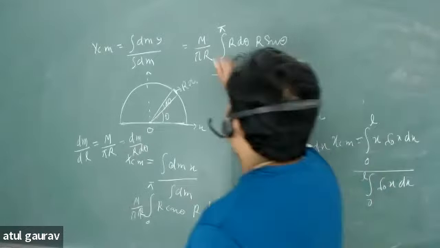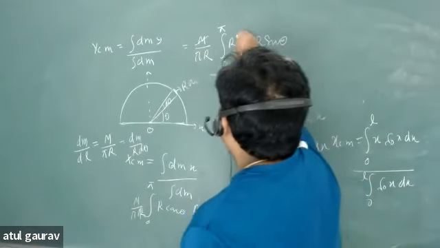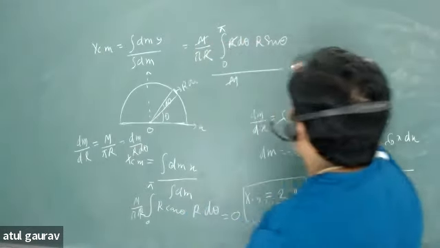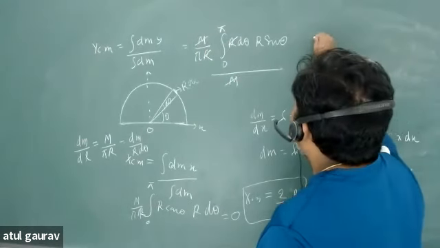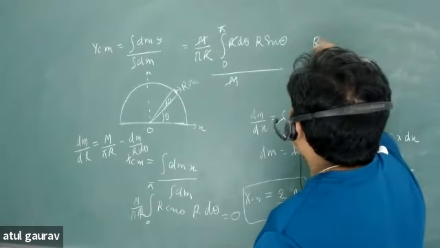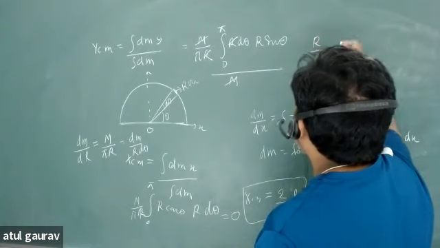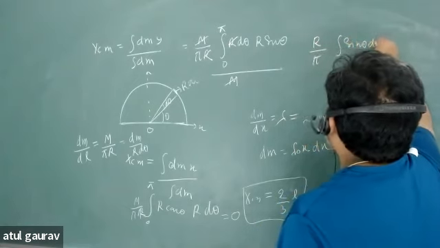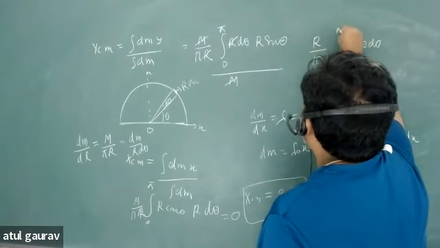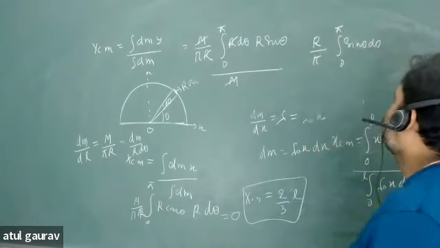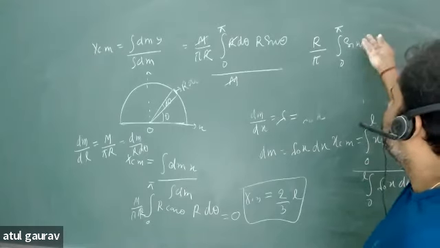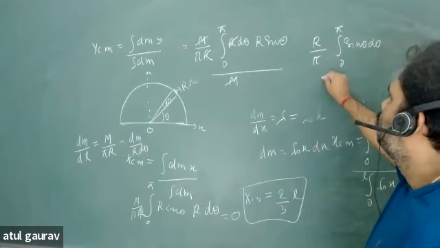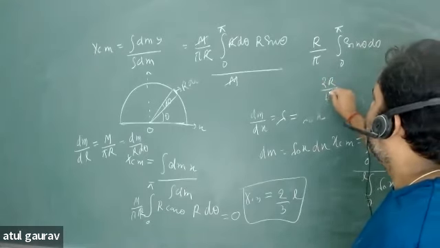So this m and m will cancel, this r and r will cancel, and you can take r by pi, and you have sin theta d theta from 0 to pi. What you will get? 2. This integration is 2. So this is 2r by pi.